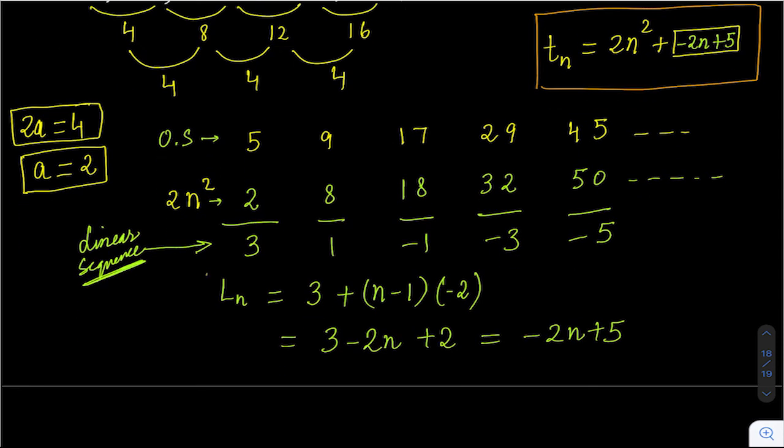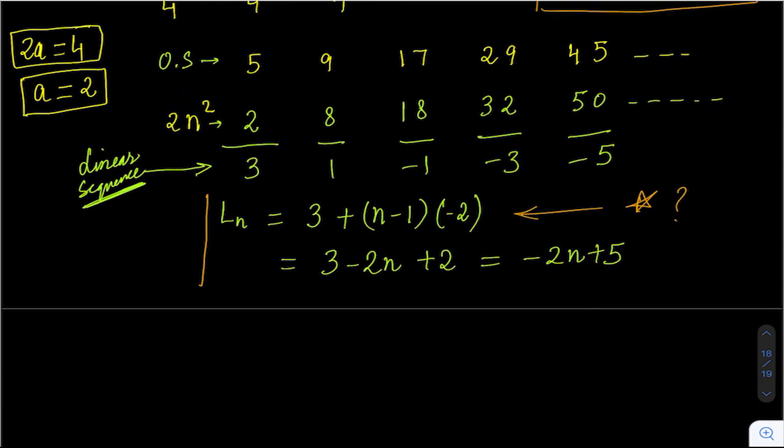If somebody hasn't seen my linear video, you might have some problem understanding this, so I will tell you the other method also to find the nth term of a linear sequence. We find the previous term. The term before 3 will be 5, because we are subtracting 2, so to get the previous term we have to add 2.